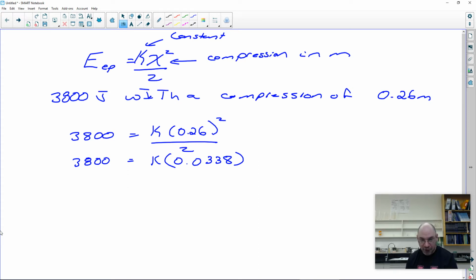So 3,800 divided by 0.0338 gives us a large spring constant of 112,000. Let's do, what do we got? Two significant figures. So 110,000 newtons per meter is what it works out to be in the constant. So that was how you would do 2B. Okay, it's just using that elastic energy equation.